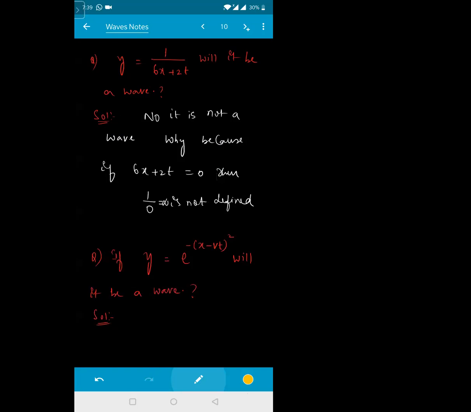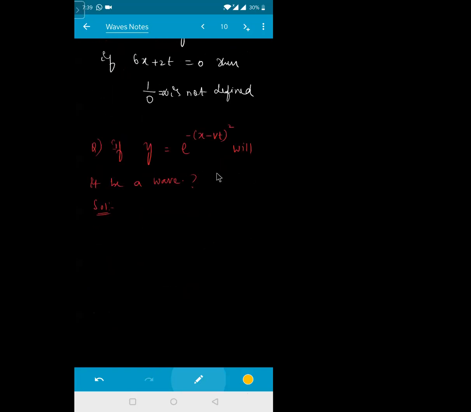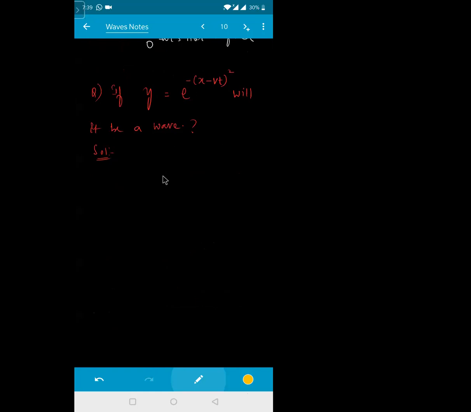Let me check how many of you can give me the answer. So what is my condition for a wave, beta? It should be satisfied for all the values of x and t.